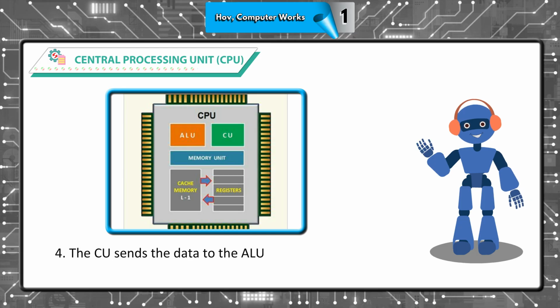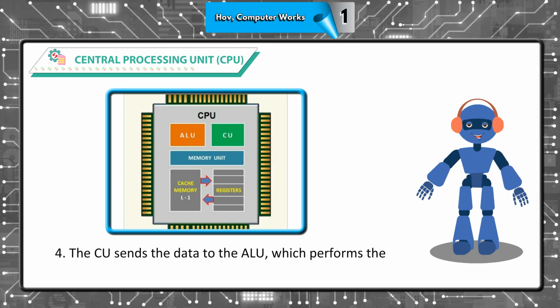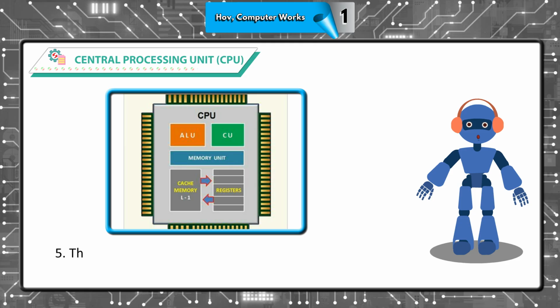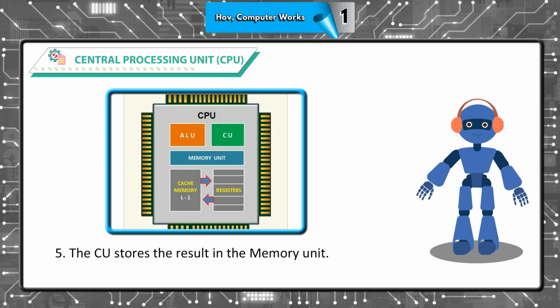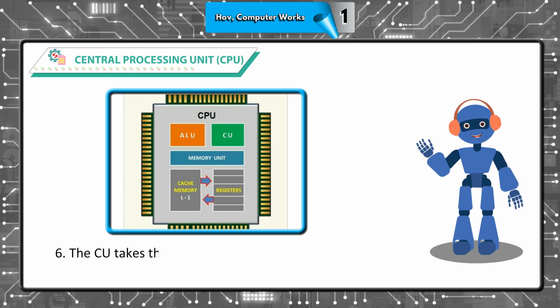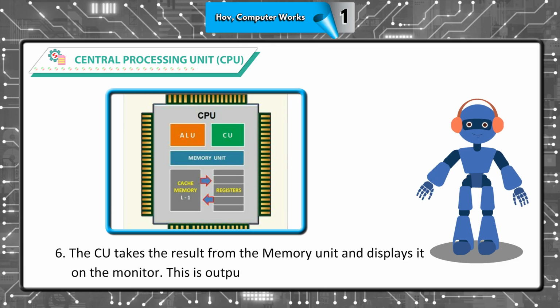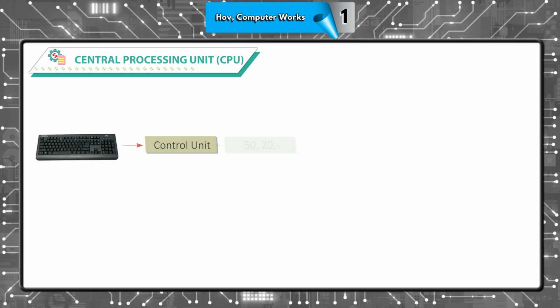The CU sends the data to the ALU, which performs the subtraction and produces the result 30. This is process. 5. The CU stores the result in the memory unit. 6. The CU takes the result from the memory unit and displays it on the monitor. This is output.